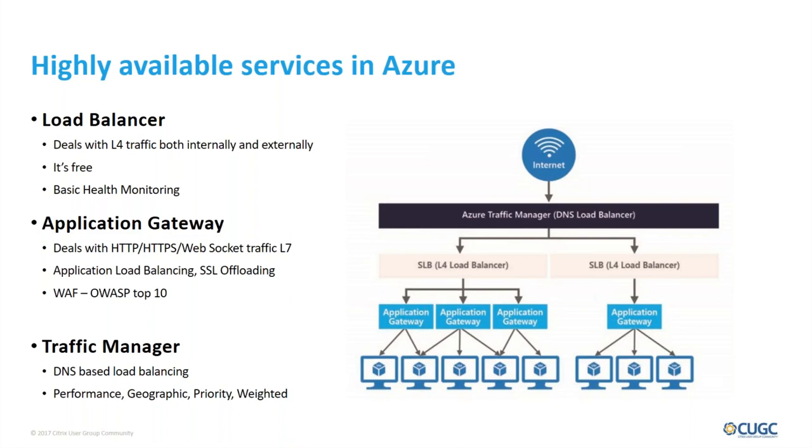It only provides you with basic monitoring, so it's not the same as an on-premises or an Azure NetScaler ADC. It won't allow you to have advanced monitors to the back-end services. It will only provide basic health monitoring in that case.